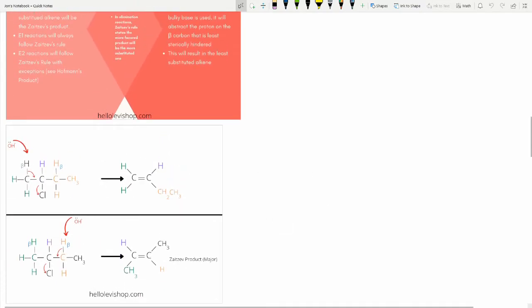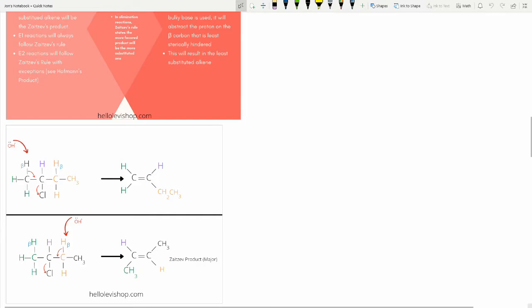Let's look at this example on the top. We have 2-chlorobutane as the starting material. As you can see, you have two beta hydrogens, one to the left of the alpha carbon and one to the right of the alpha carbon. Let's abstract the beta hydrogen on the left first.